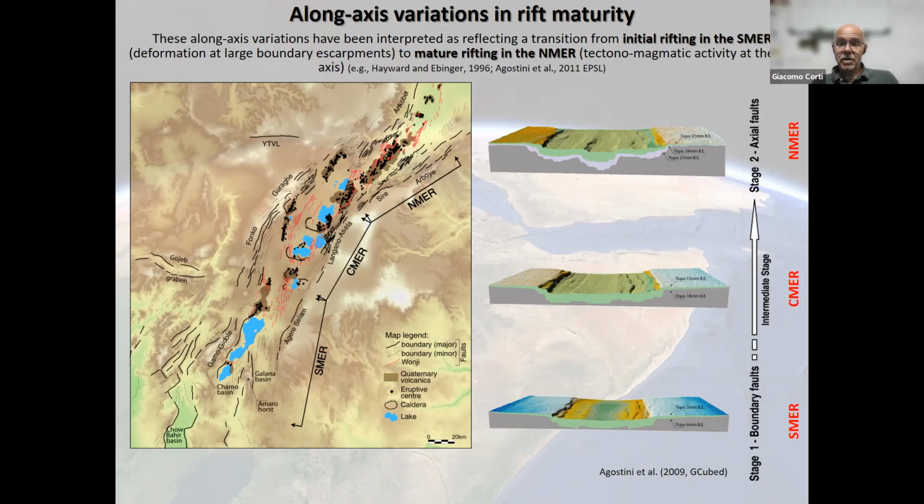This along axis variation has been interpreted as reflecting a transition from initial rifting in the southern part of the rift, with deformation localized at the large boundary escarpments, to more advanced, mature rifting in the northern part of the rift, where deformation and volcanotectonic activity have migrated from the margins to the axial parts of the rift.